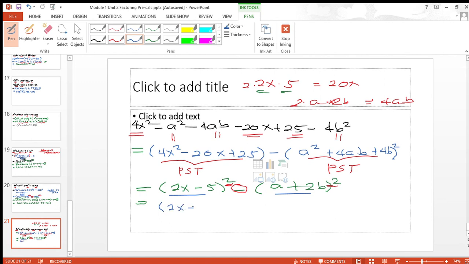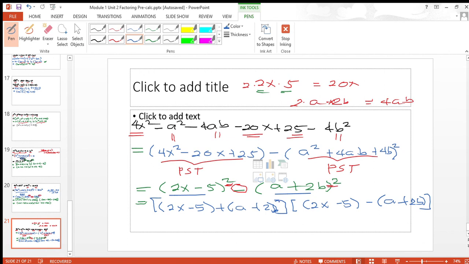We get the first term plus the second term, multiplied by the first term, that's 2x minus 5, minus the second term, which is a plus 2b. So that's a difference of two squares: first term squared minus second term squared. Factoring that is first term plus second term times first term minus second term.